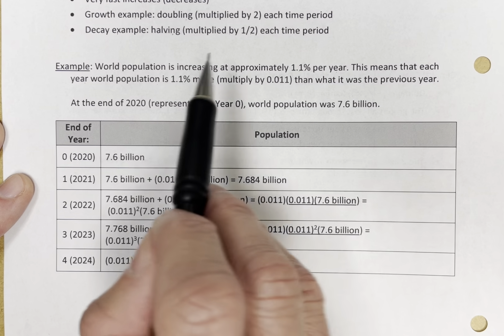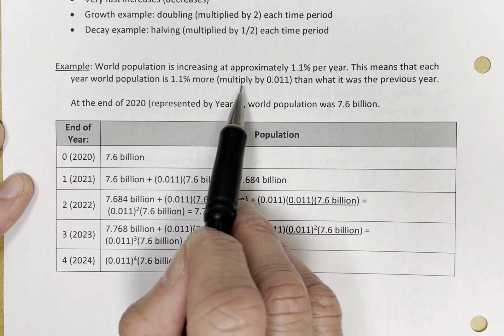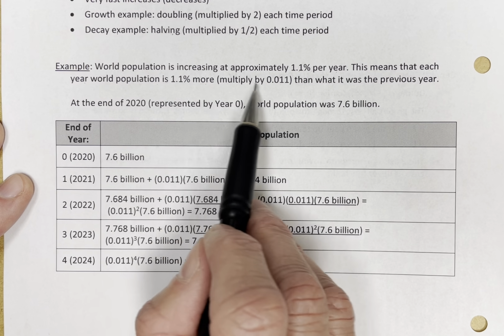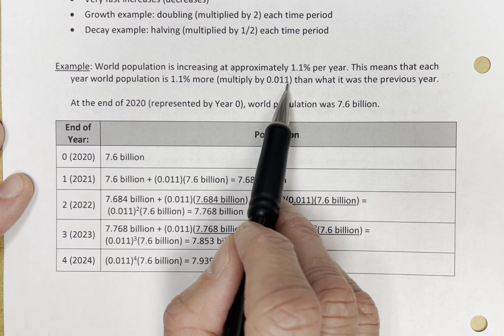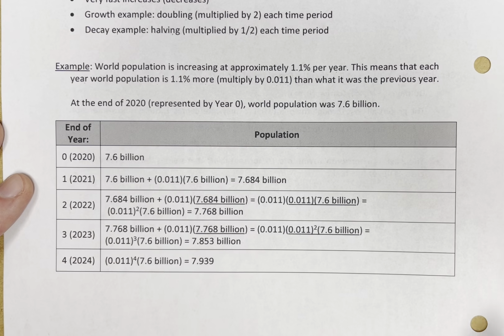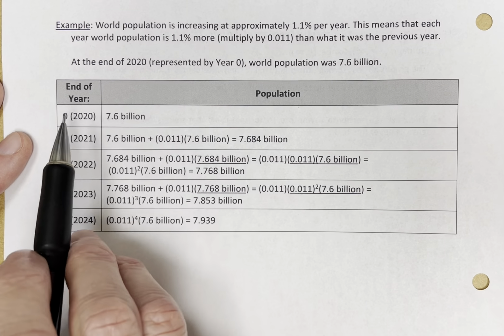So as the previous year gets higher and higher, the 1.1% more, which means multiplied by 0.011, increases it faster and faster. Here's the example that speaks to that.